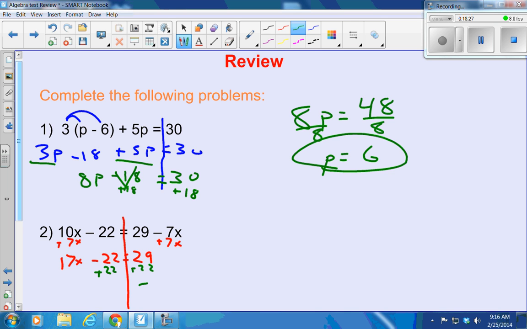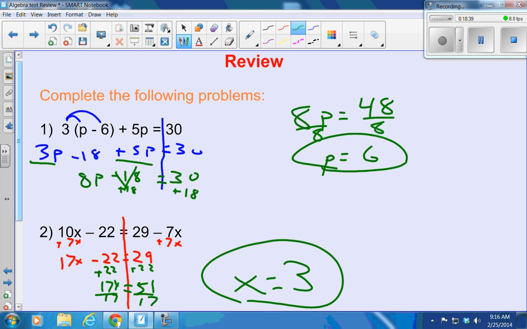That's 51. 17x equals 51. So divide by 17. Divide by 17. X equals 3. Two very hard problems that'll prepare you. That's it for the algebra part of this test. If you want to keep going with me, I'm going to do puzzles next and word problems that'll be on the test. If you feel good on algebra, you're good to go.